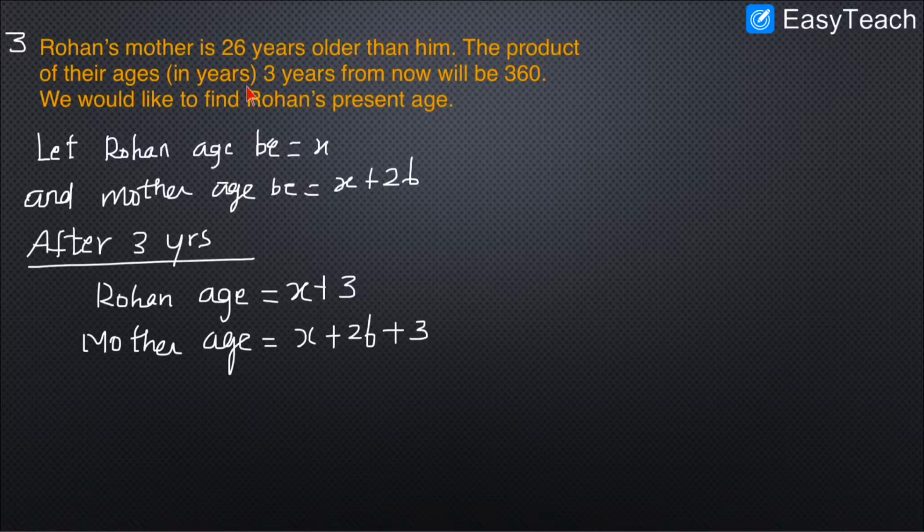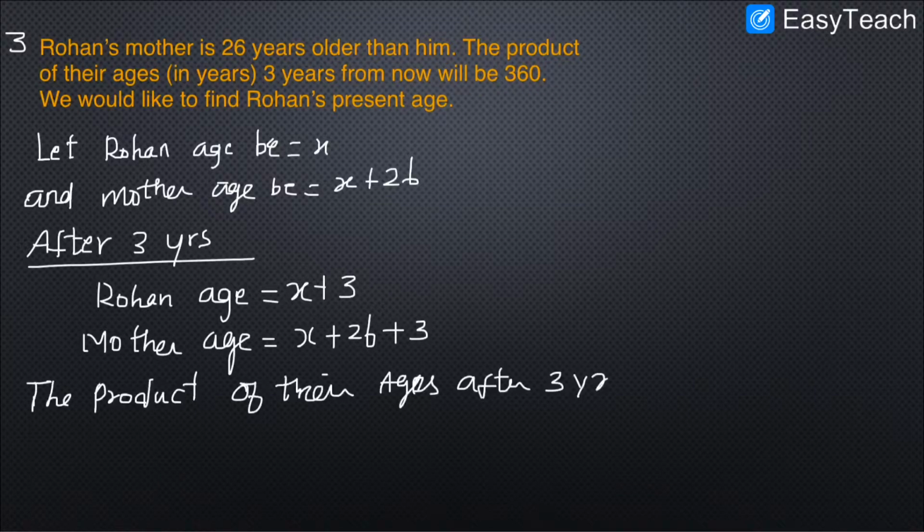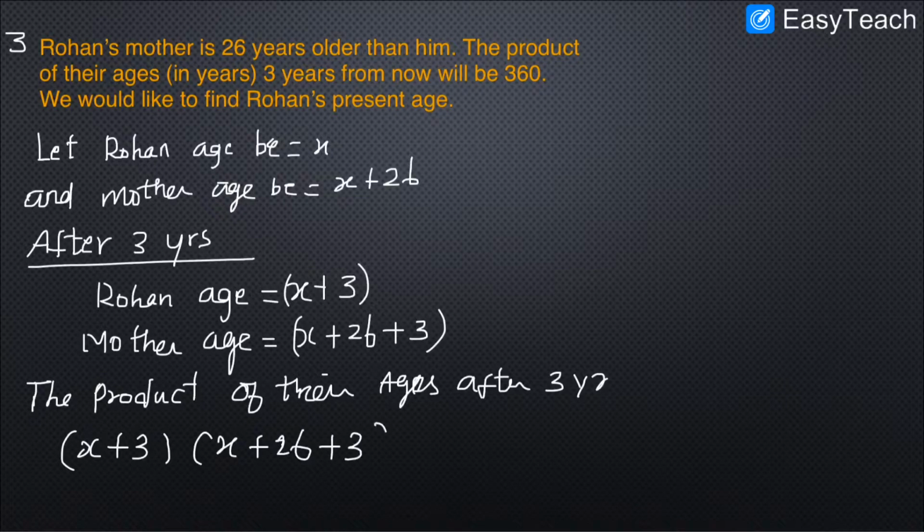So the product of their ages after 3 years, which is Rohan's age into mother's age, is x plus 3 into x plus 26 plus 3. This is the product of their two ages, which is given as 360.